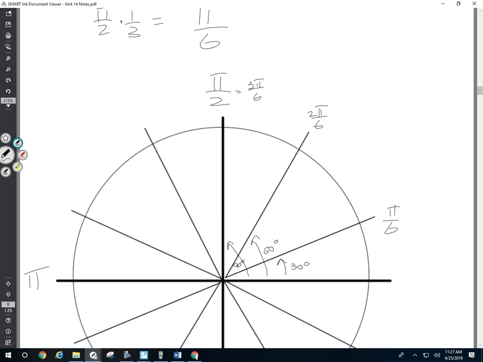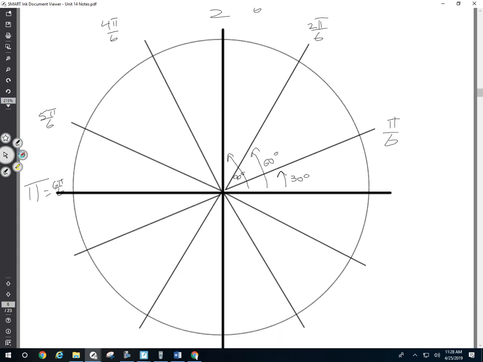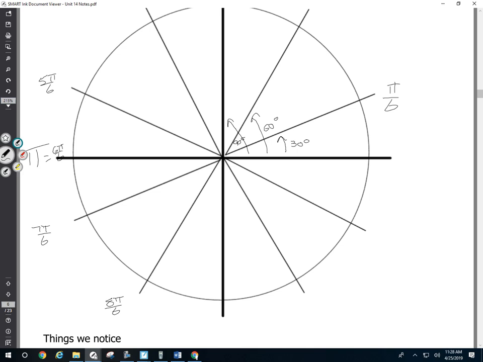Let's keep going around. So I'm at 90, then 120, then 150, then 180, right? Well, let's just add pi over 6s. 3 pi over 6, 4 pi over 6, 5 pi over 6, 6 pi over 6. Oh, that's just pi. Okay, that makes sense. 7 pi over 6, must be that angle there. 8 pi over 6 must be this angle over here. 9 pi over 6.